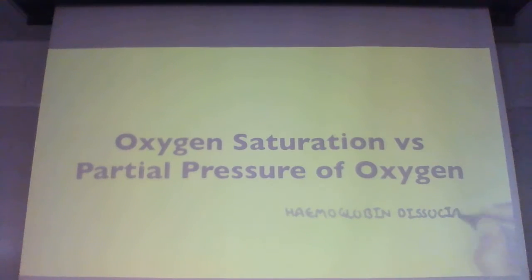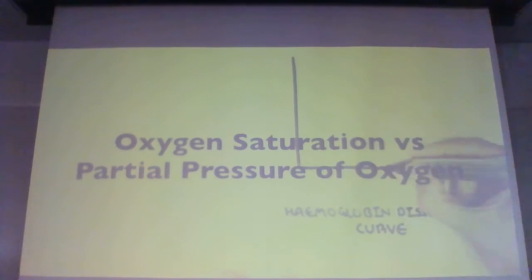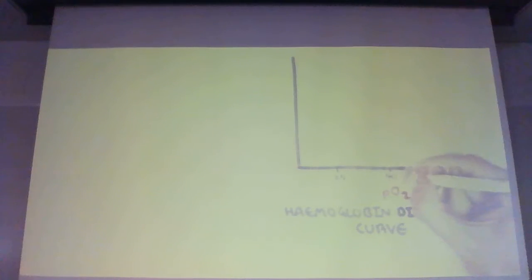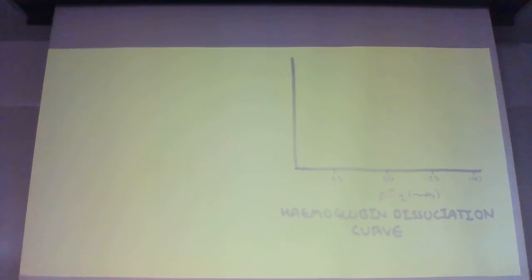The hemoglobin dissociation curve, or the oxygen-hemoglobin dissociation curve, relates the percentage saturation of the oxygen carrying power of hemoglobin to the partial pressure of oxygen. Now that might sound crazy, but let's just try to understand it together. On the x-axis, you have the partial pressure of arterial oxygen, PaO2, from 25 to 100 millimeters of mercury.